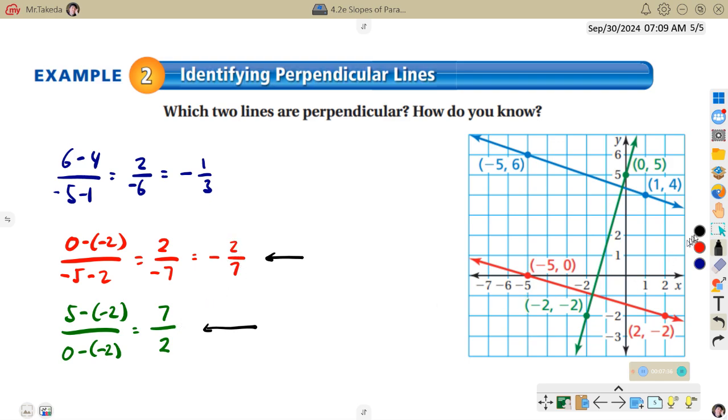Here's what this really means: if I multiply negative 2/7 times 7/2, negative times the positive is negative, 2 times 7 is 14, and 7 times 2 is 14. Opposite and reciprocal means that if I multiply them together, I get negative 1. That's just the check. We can look at these and see that they are opposite and reciprocal, and that's how we know we will have perpendicular lines.